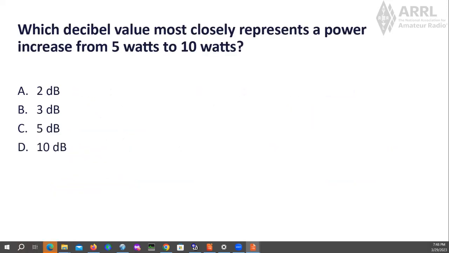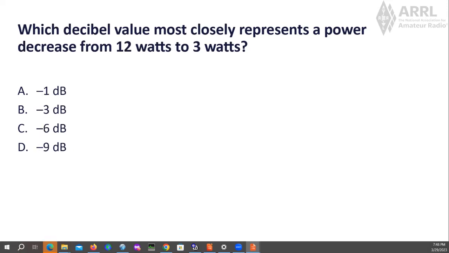Which decibel value most closely represents a power increase of 5 watts? And that is B, 3 dB. If you double the power or half the power, it's 3 dB. Which decibel value most closely represents a power decrease from 12 to 3 watts? That would be C, minus 6 dB.